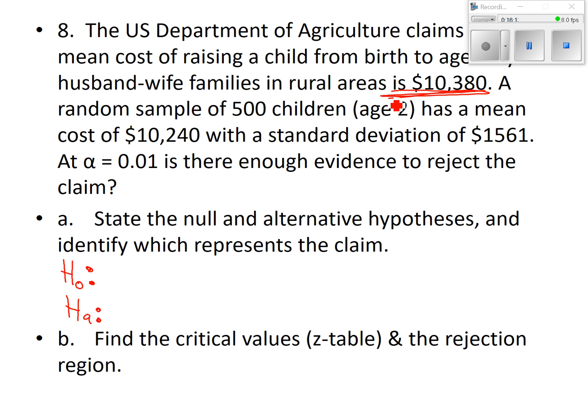So it's "is", so what does "is" mean? Equals, so that means our mu equals 10,380. That's our claim. What's our HA gonna be then? Does not equal 10,380.